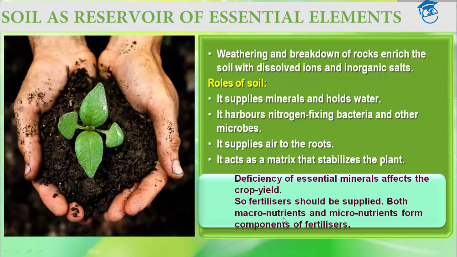I have already taught you in my previous sections, so you can refer to that presentation. Macronutrients such as nitrogen, phosphorus, potassium, sulfur, etc., and micronutrients such as copper, zinc, iron, manganese, etc., form components of fertilizer and they are applied as per the need.